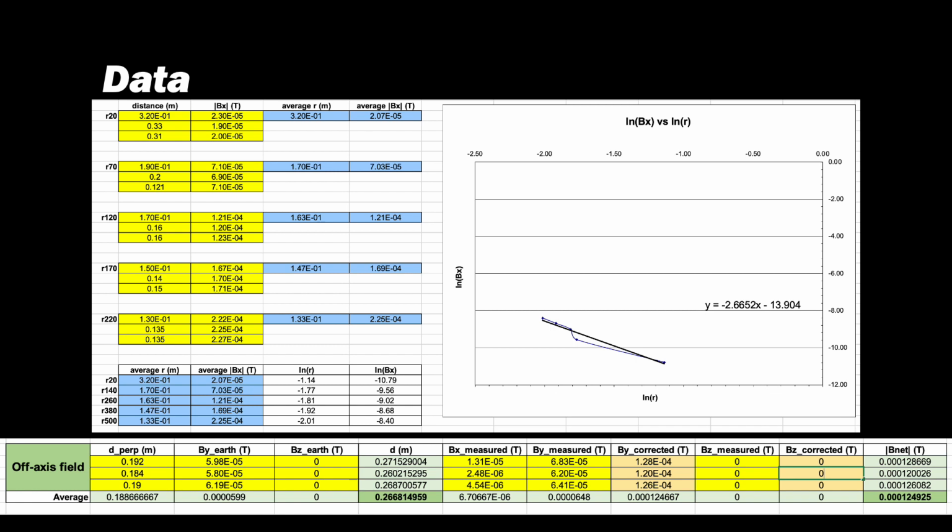And by measuring the value of B bar, I was able to determine the numerical value of n. And the data I got for the off-axis and perp axis is listed down below for part 2 of the lab.